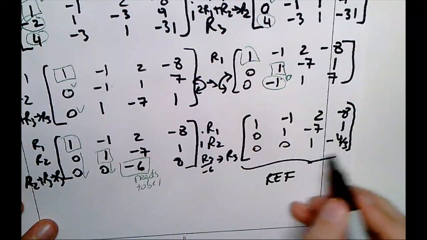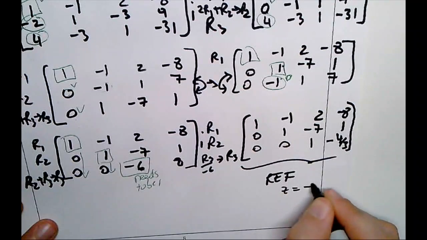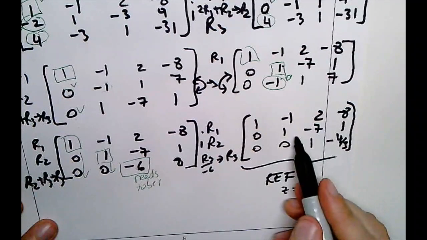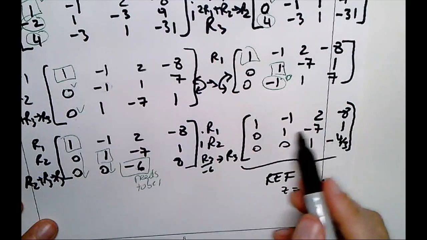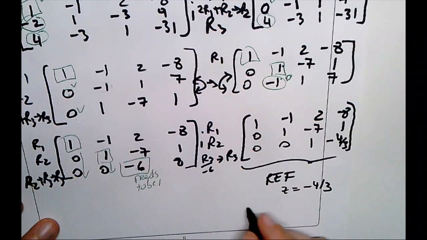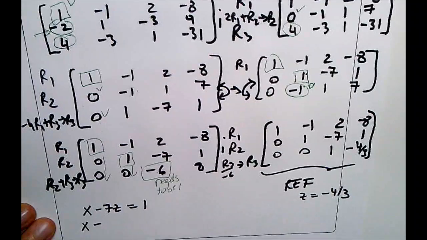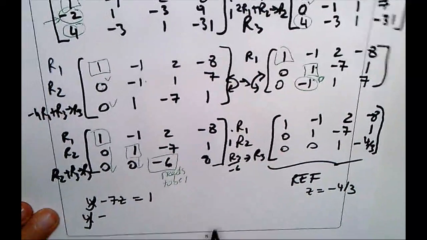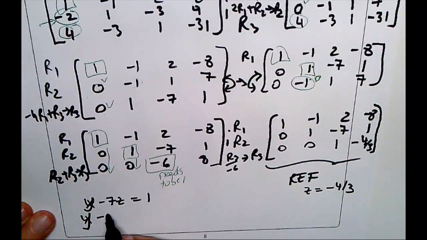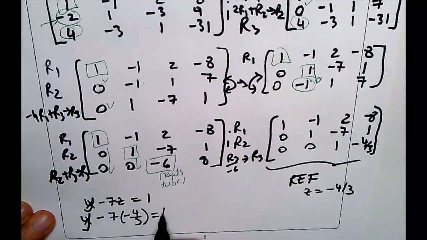That gives me that z equals -4/3. And then from this one, I can get y. I get that y minus 7z equals 1, so y minus 7 times -4/3 equals 1.